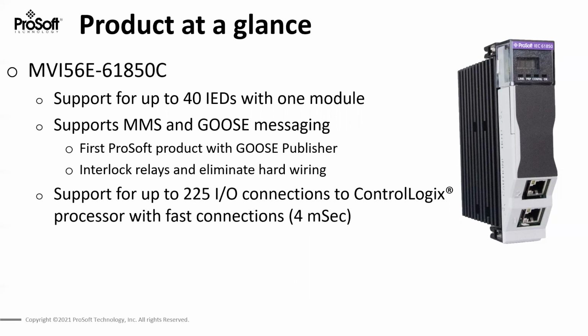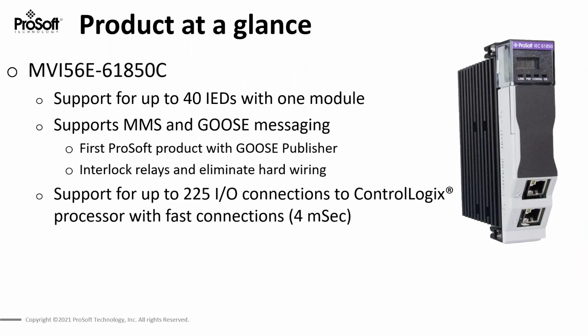And what that does is this really opens up the ability, for some of the more advanced and time-critical protection schemes, to now take advantage of GOOSE Publisher from the ControlLogix side, publishing GOOSE messages to the IEDs on the network. And what this can effectively do is eliminate some of the need to hardwire I/O back to these relays or to the control system.